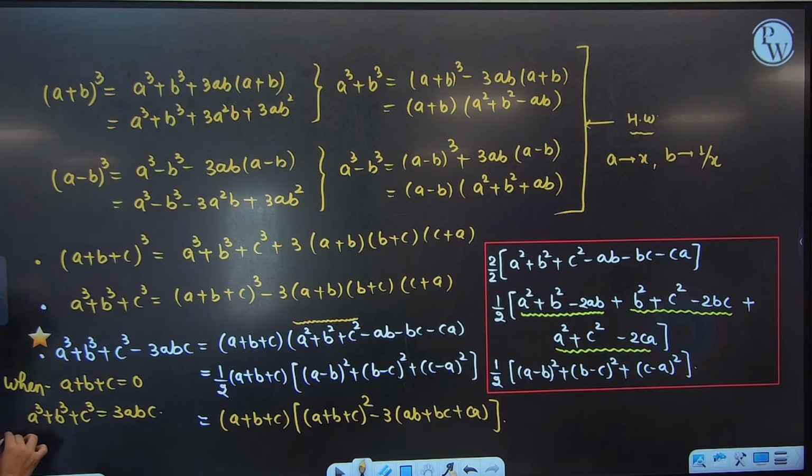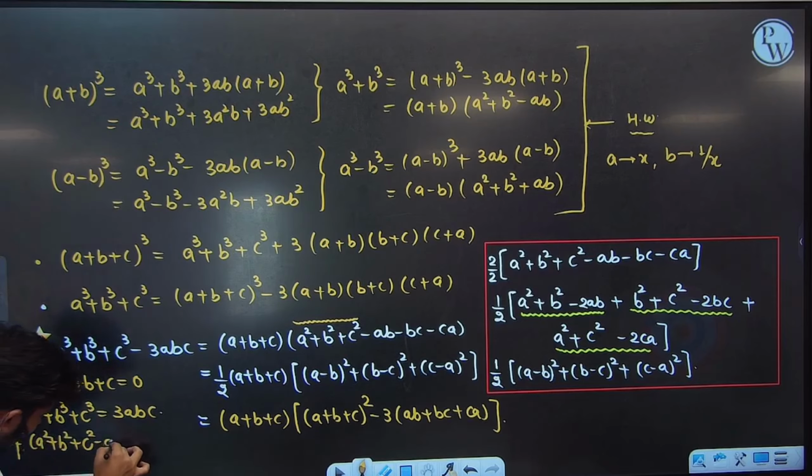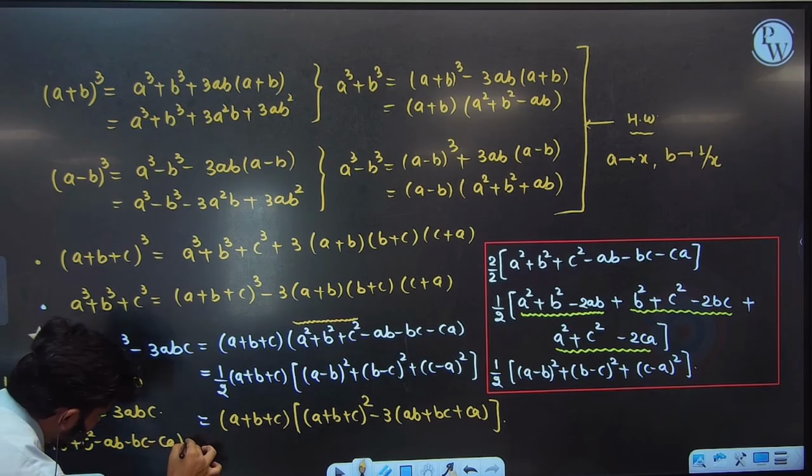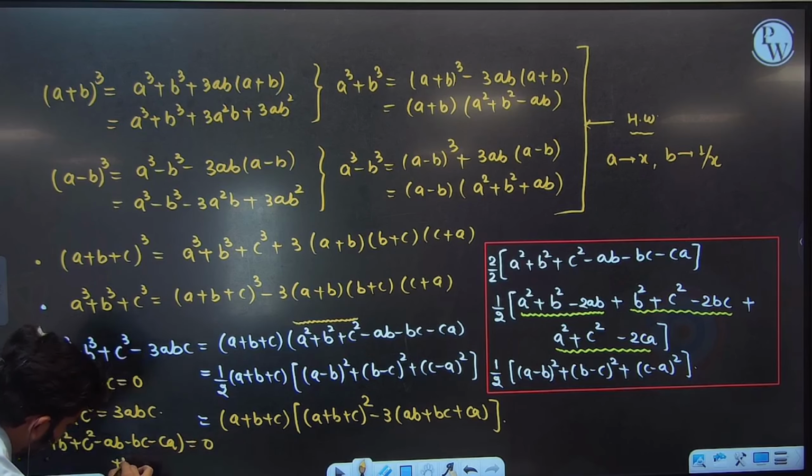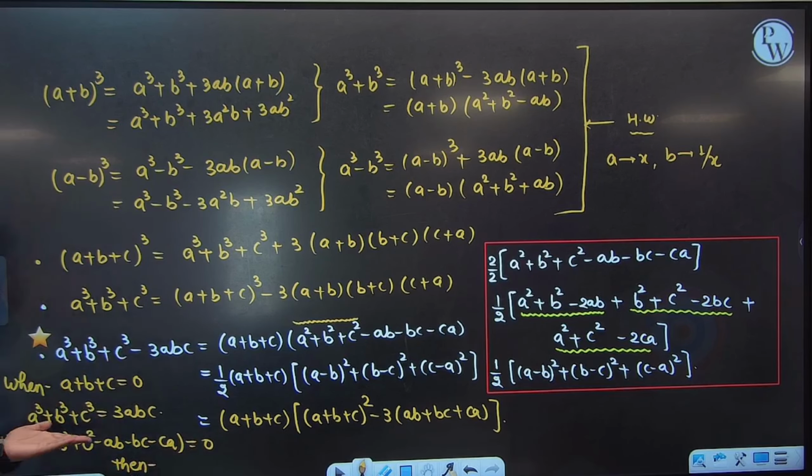So if a square plus b square plus c square minus ab minus bc minus ca is equal to 0, then also a cube plus b cube plus c cube is equal to 3abc, right?